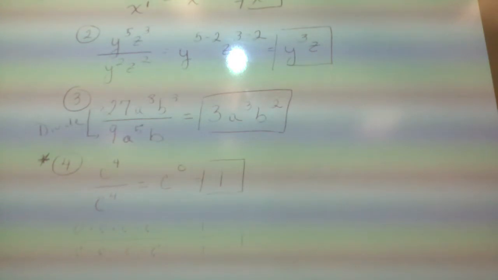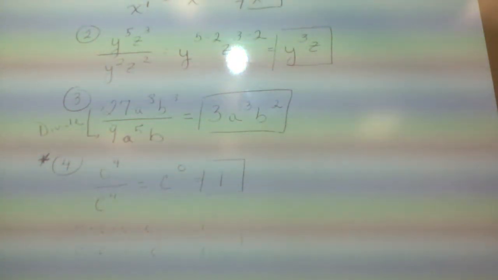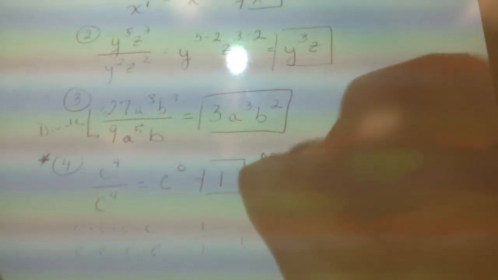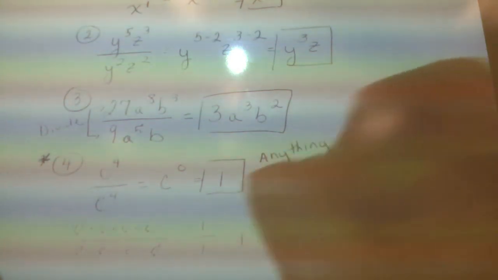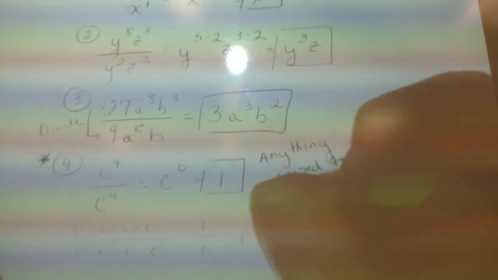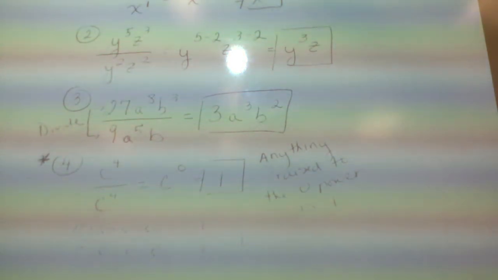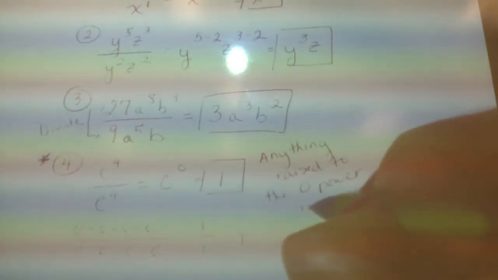So our answer is 1. And really, anything divided by itself is 1. It doesn't matter if it's a number, a variable, or the product of a number and a variable. Anything raised to the 0 power is 1. That's the rule.